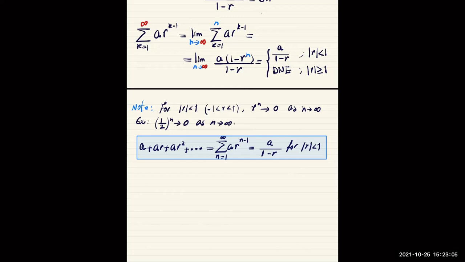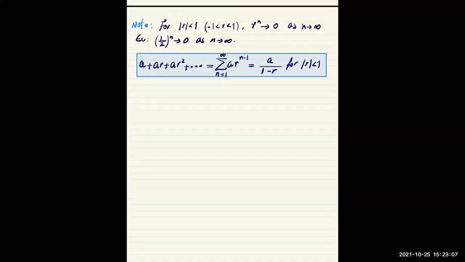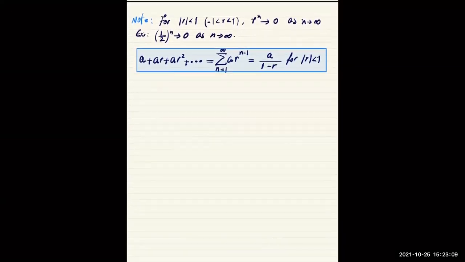Okay, so let's do an example. Let's say we have the sum. Let me go with k for now. K, N, I, J, M, L, doesn't matter. Okay, so here we have a geometric series.